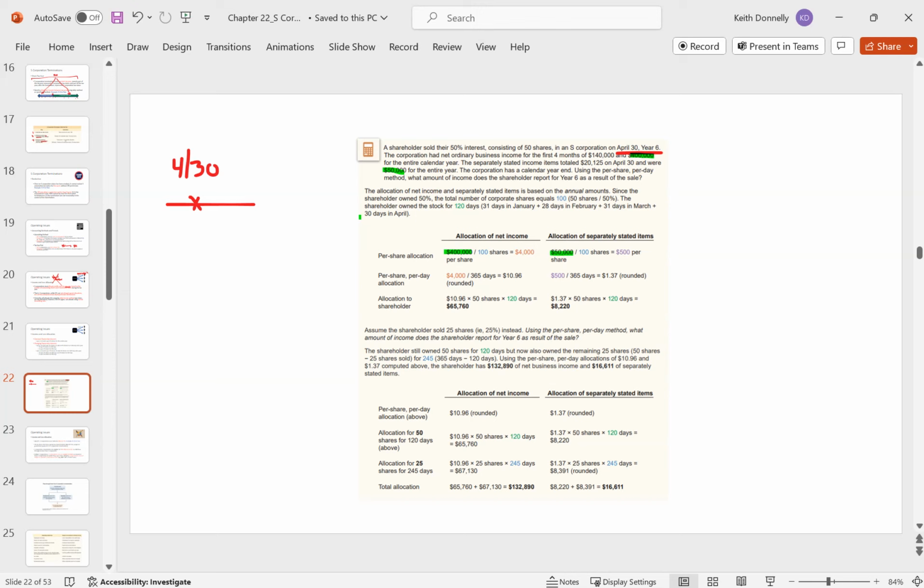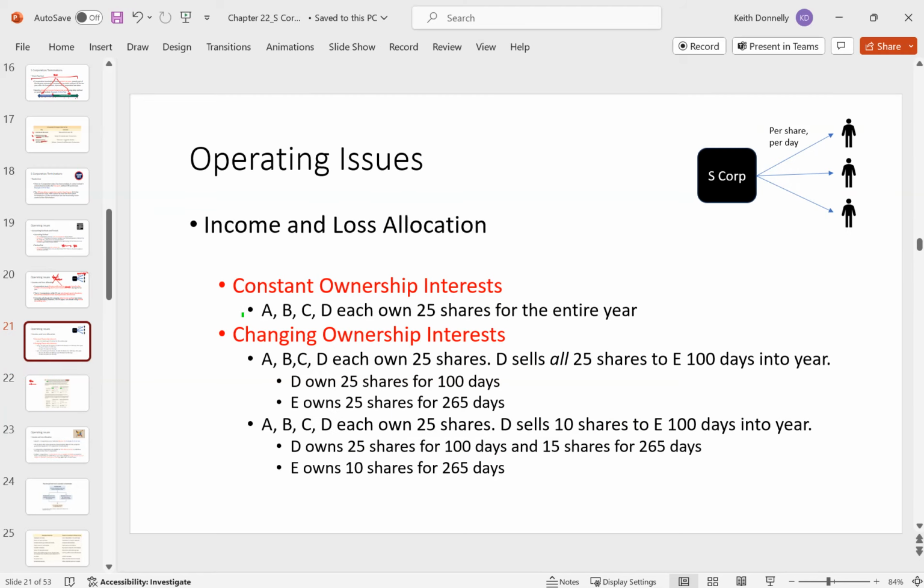So it says, using the per share per day method, what is the amount of income the shareholder has to report for year 6 as the result of the sale? So here is what is going on. We're in this framework right here, A, B, C, and D. D owns 25 shares, and they sell all 25 shares.